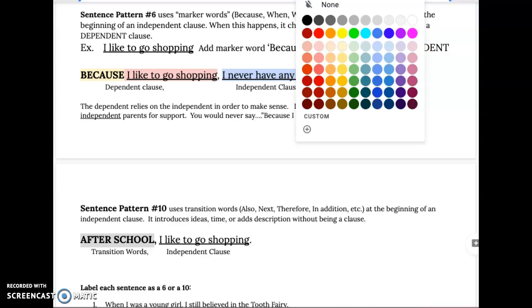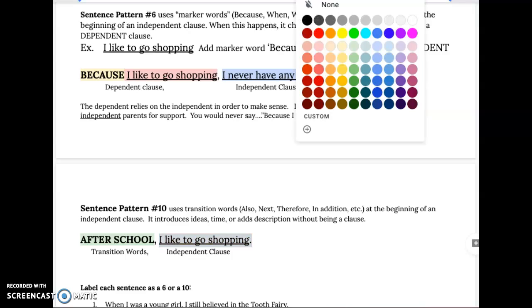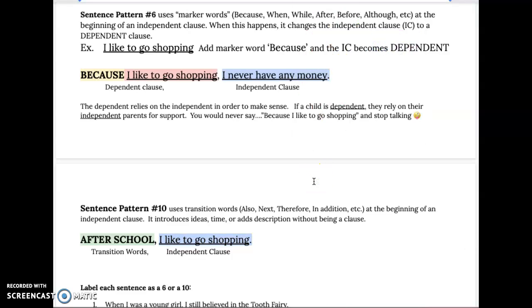It's a phrase. Let's get that green out for that. So after school, and it's connected to, of course, the main idea, I like to go shopping. Let's color code that up too. There you go. So 6 and 10, what's the difference? 6 is a dependent clause, and 10 is just a phrase or transition words.